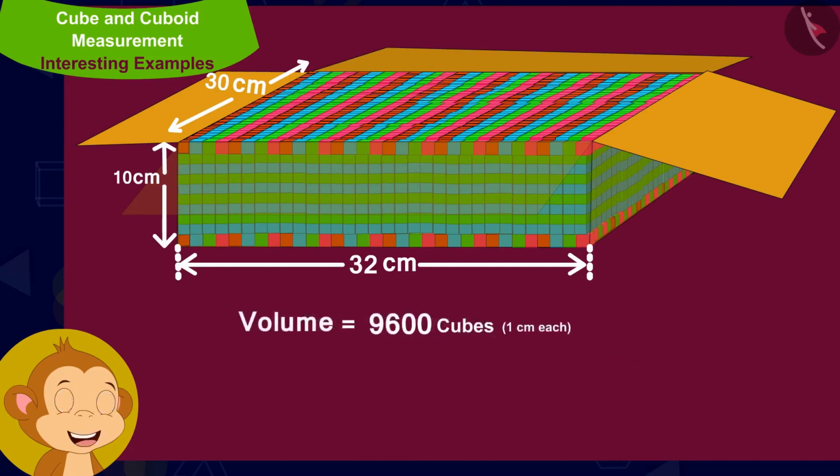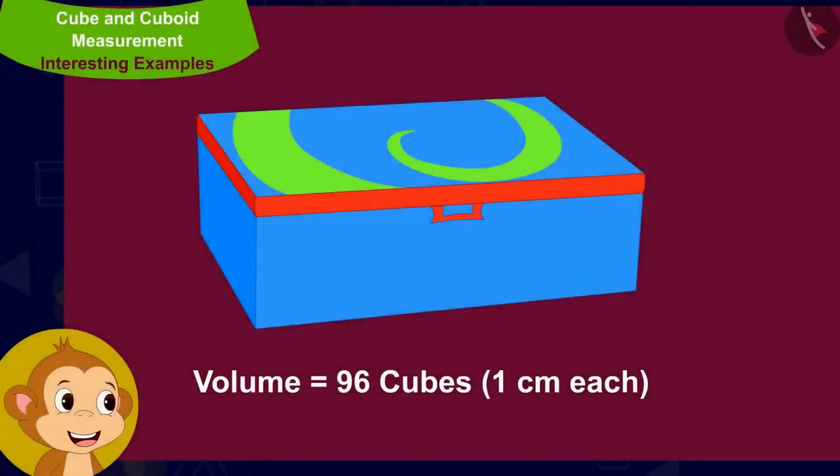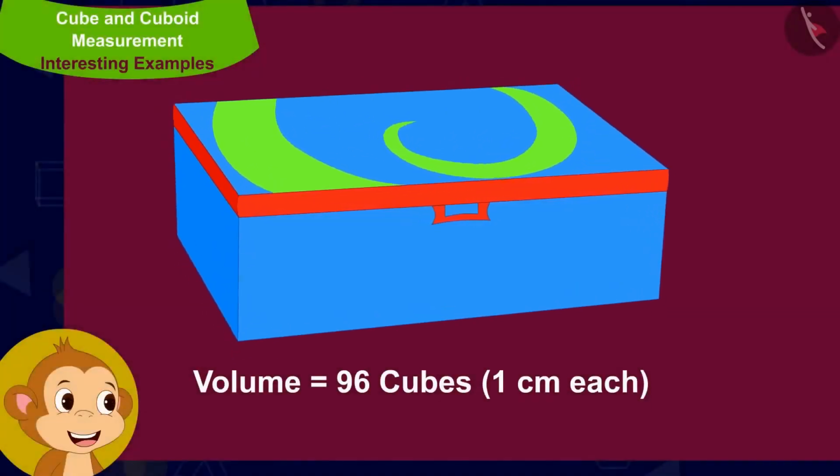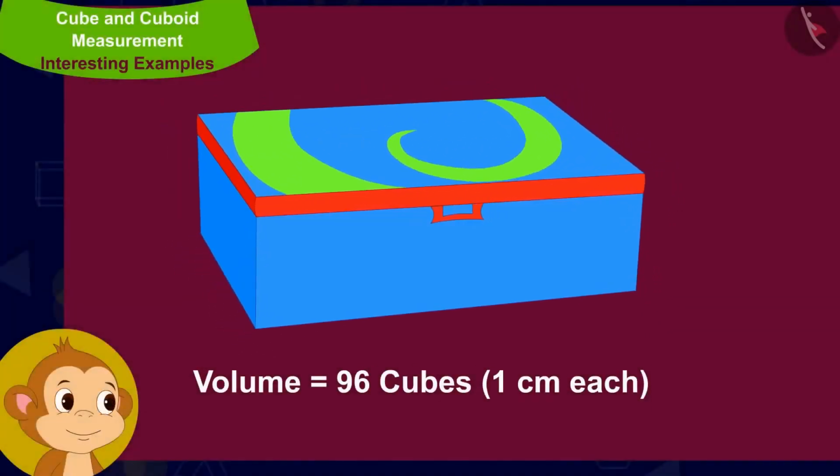In other words, the volume of this cuboid shaped box is equal to 9,600 centimeter cubes.